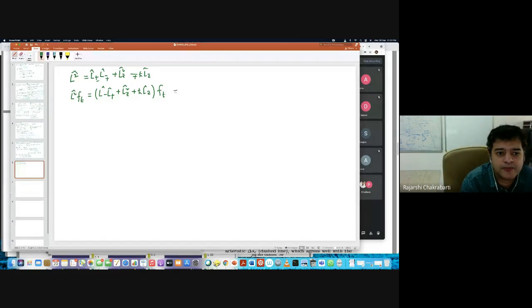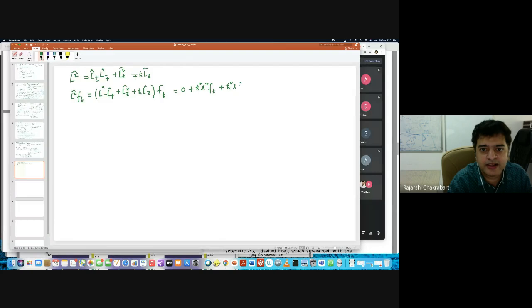What is the first term, this one operating on Ft? Zero, because L plus operating on Ft gives you 0. The next term is Lz square operating on Ft, essentially Lz operating twice. What should be the answer? ħ square l square into Ft. And the next one has ħ, but again you will get ħ l Ft.